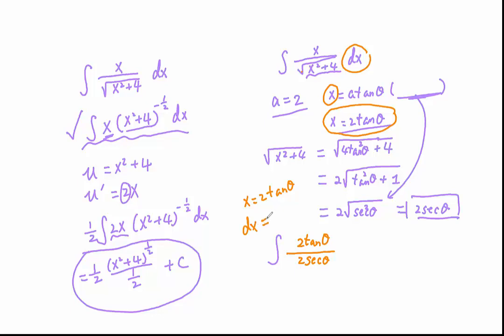What's the derivative of tangent? Can somebody help me right here? Secant squared. Secant squared, that's going to be 2 secant squared. Okay, any questions so far? Everybody's good?